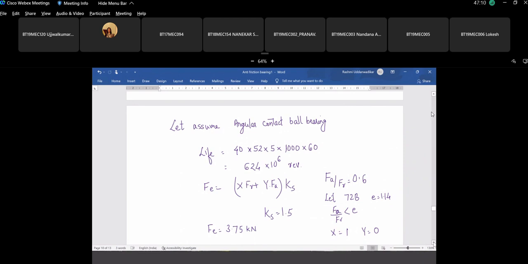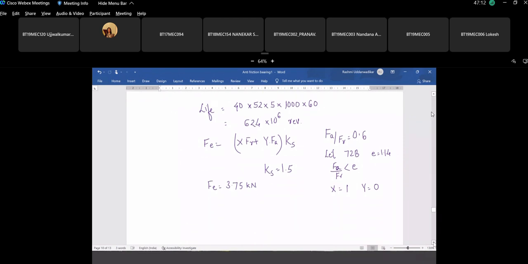What is the next step? From this load, how do you get the bearing? Yes. What is the next step?